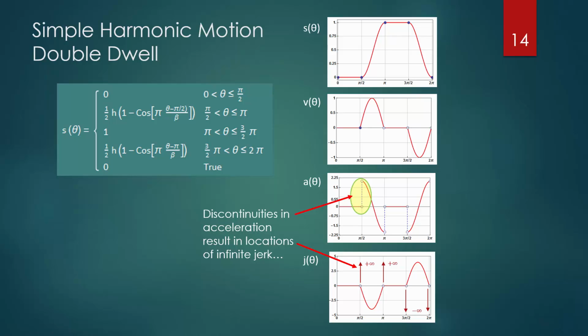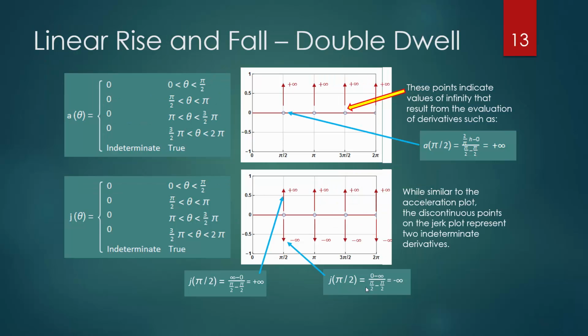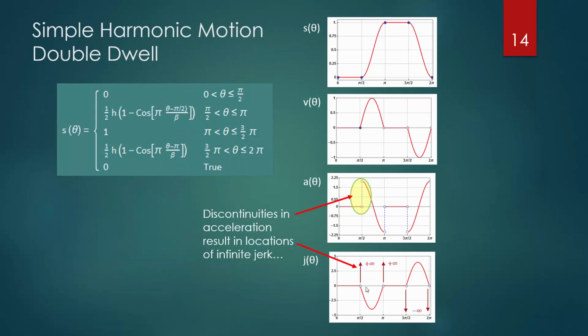And likewise, we have these discontinuities in the acceleration, which then, as we've just said, will cause infinite jerk. So we can't just use a simple harmonic motion.